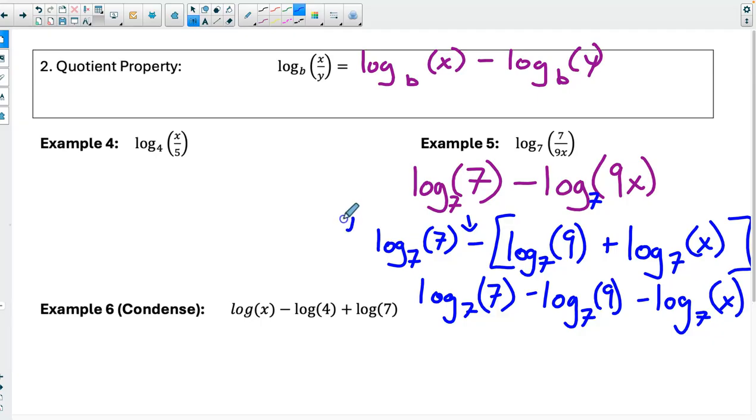I do like this as the better option. I think it's simpler. However, if you like the other one, go for it. I have both answers on the test. I accept both. Questions on 5. You get to tackle 4. Don't do number 6. I'll help you with number 6.